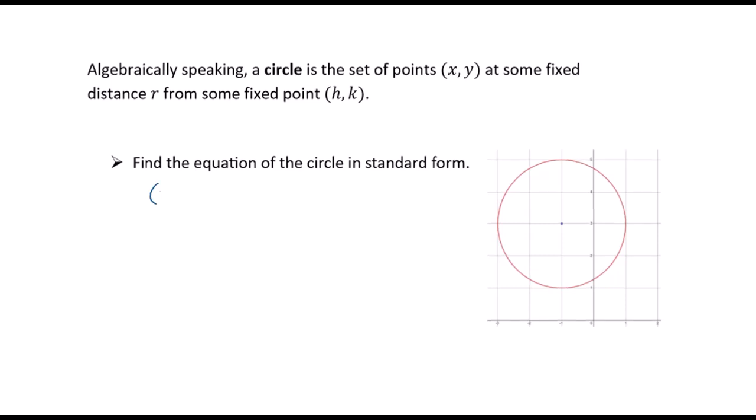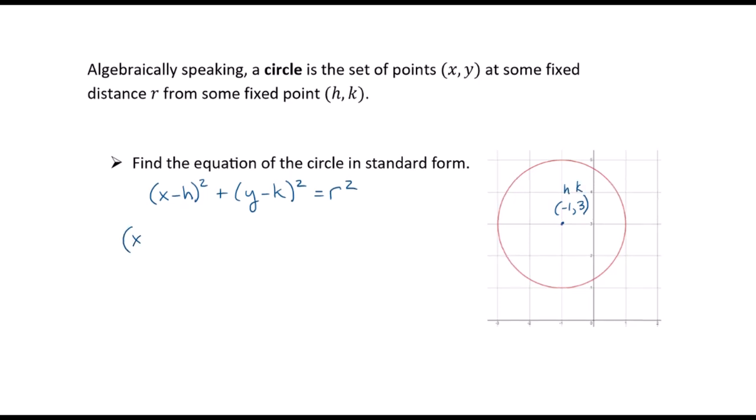I know my standard form is (x minus h) quantity squared plus (y minus k) quantity squared equals r squared. First, we identify the center. The center of my circle is at -1, 3. This is my h, k.